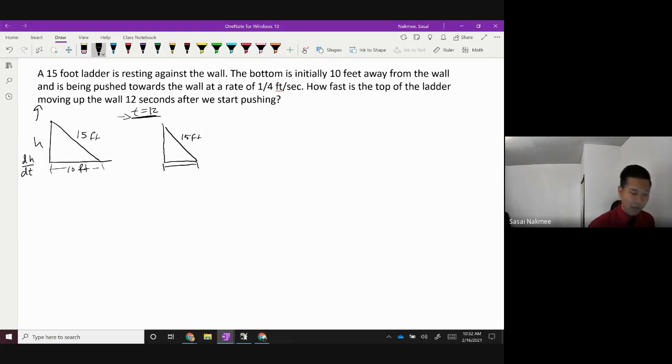Neither is the height. This height has changed as well. I shouldn't call it h again, but I'm just going to call it h again. This height is no longer the same height as it was earlier. This is height part 2. It's changed. What do you guys want to call this base? We know that base initially was 10 feet. What do you guys want to call the variable for the base over here where we don't know what the base is? What letter do you guys want to use?